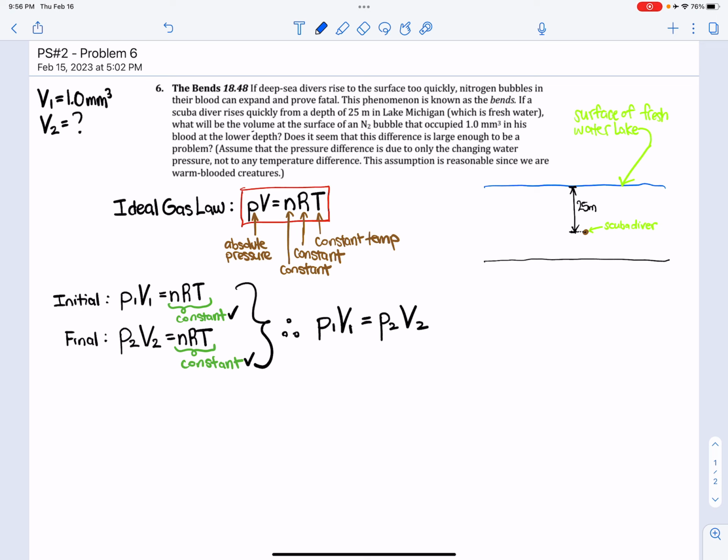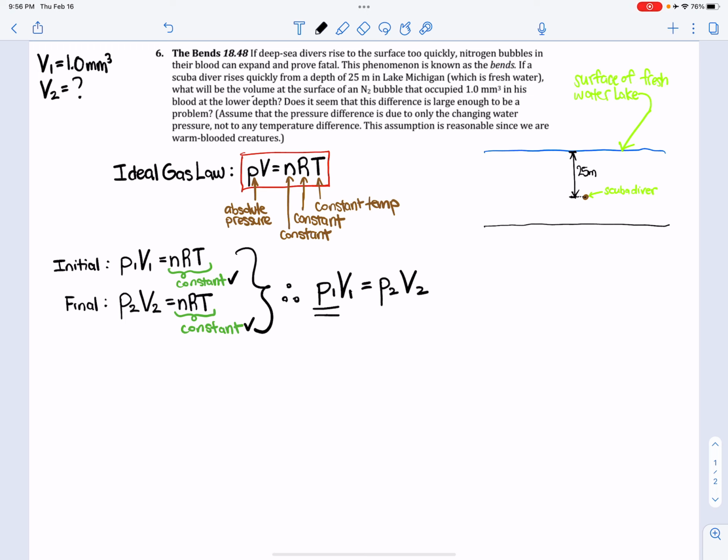So in order to find the initial pressure right here, when we're down here, the scuba diver is 25 meters under the surface of the freshwater lake, we could use the equation for hydrostatic pressure at a given depth, okay? So let's just put that here.